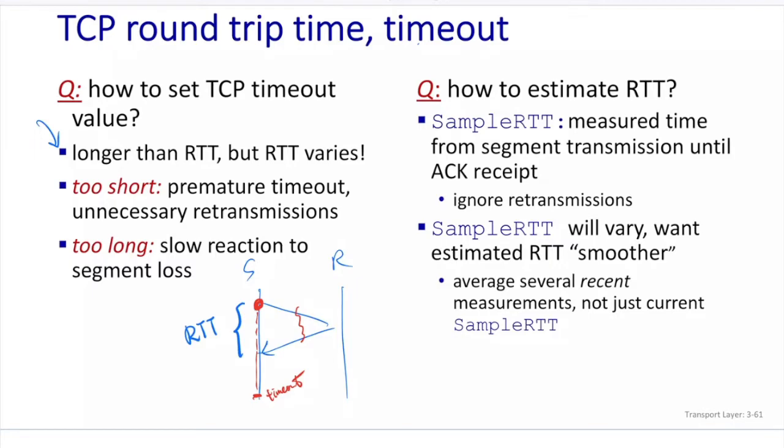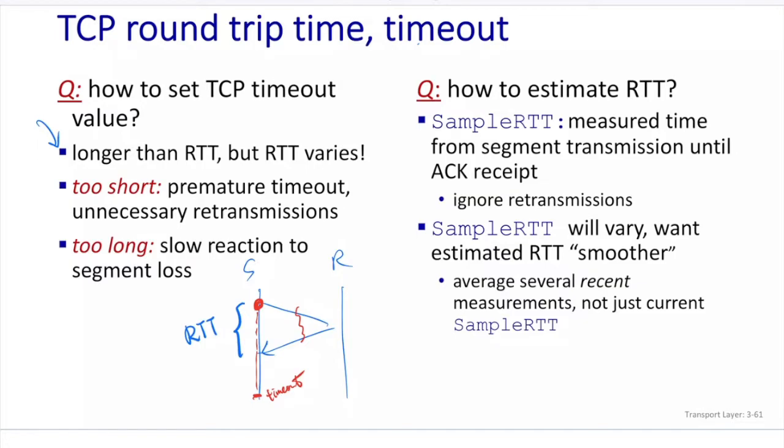So RTT varies. So when we set up the timer, we should have some algorithm or method to estimate the current RTT, and we will set a timer which is longer than the RTT that we estimate, right?